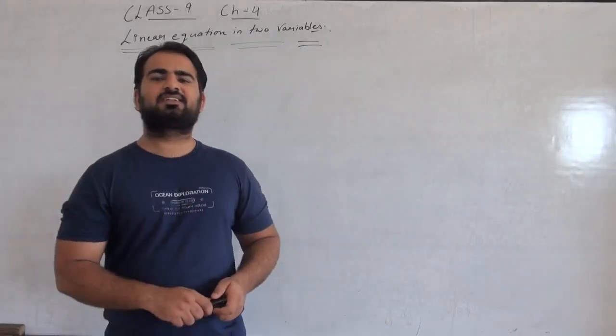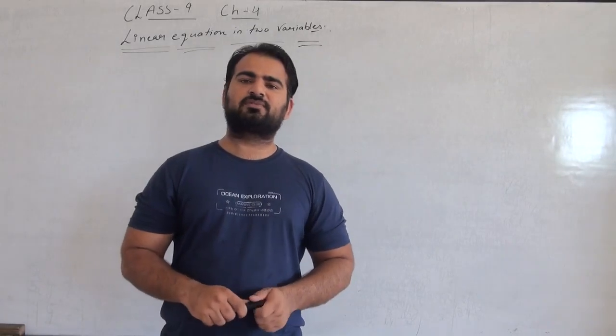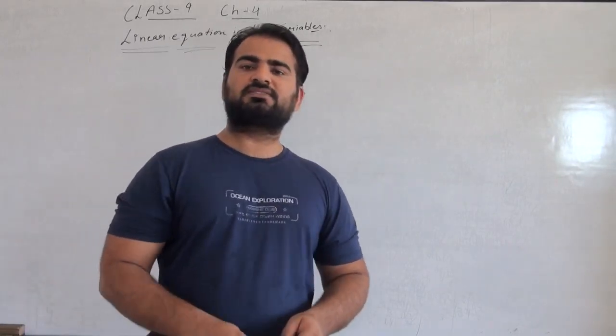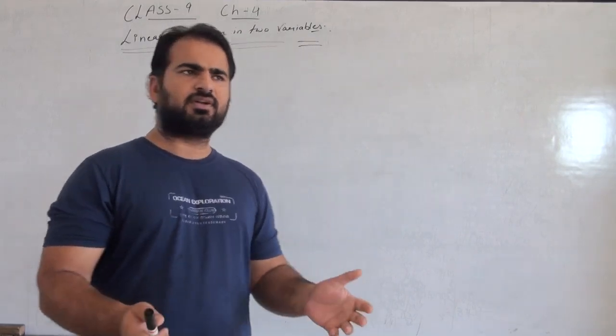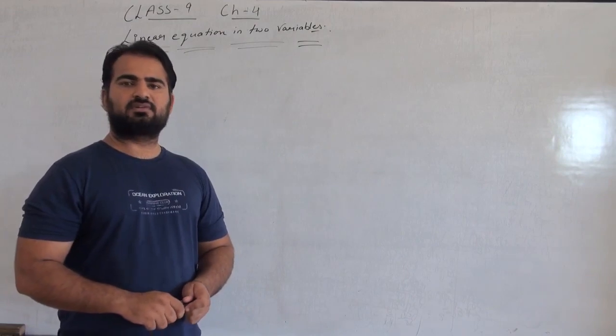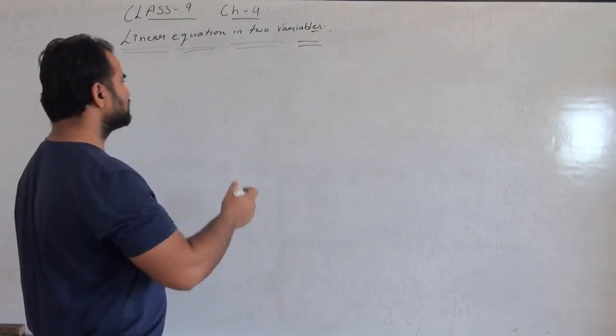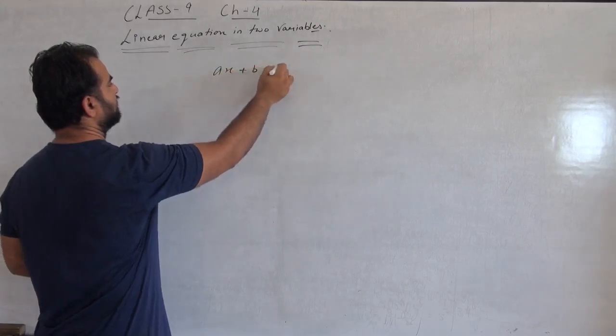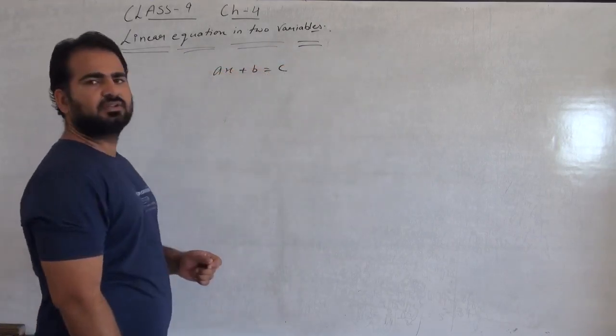Good time class. In this video we are going to start chapter number 4, linear equation in two variables. Up to class 8 we have read and understood linear equation in one variable. Like the equation was ax plus b equals to c.